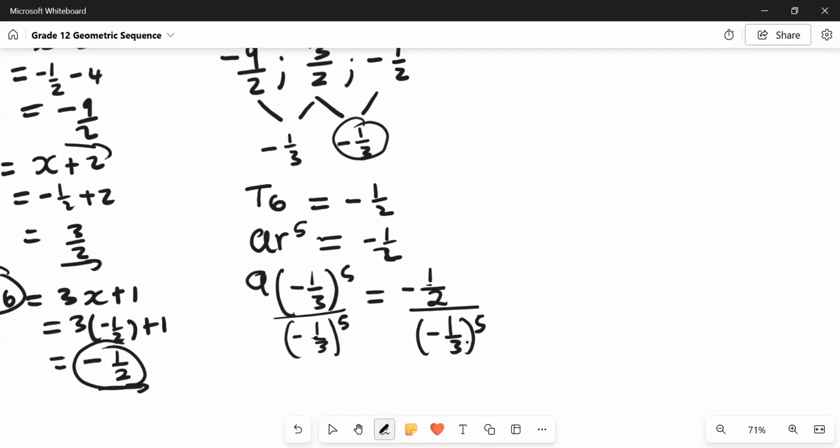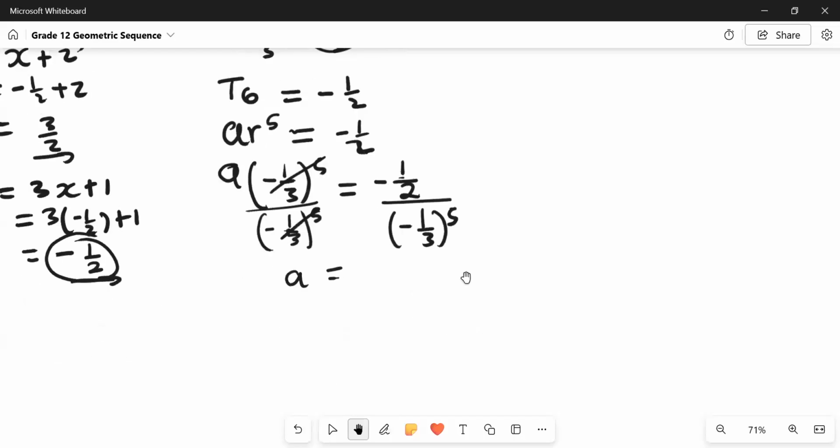Then your A is equal to 243 over 2. Now, after getting the value of A, you just multiply the value of A with your R to get the following terms, just like that. So we multiply by negative 1 over 3, we get negative 81 over 2. Multiply again, we get 27 over 2.